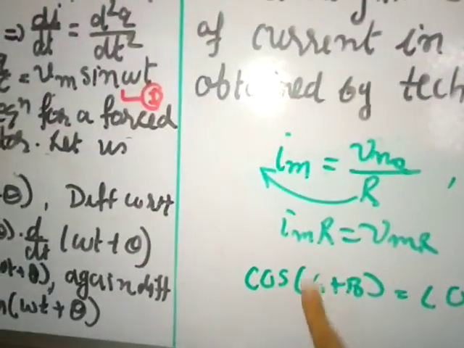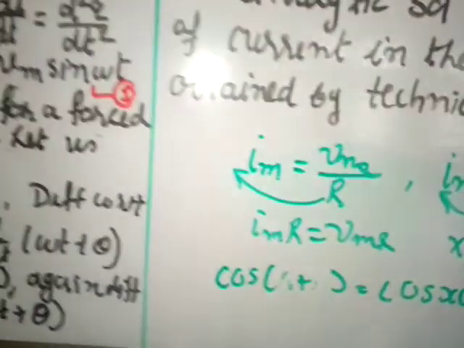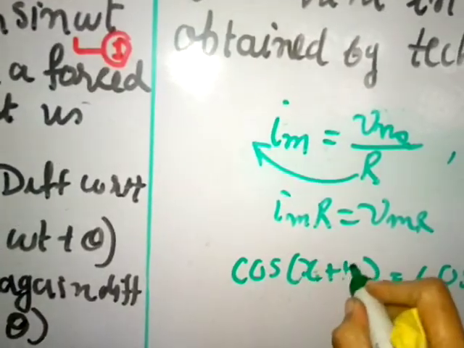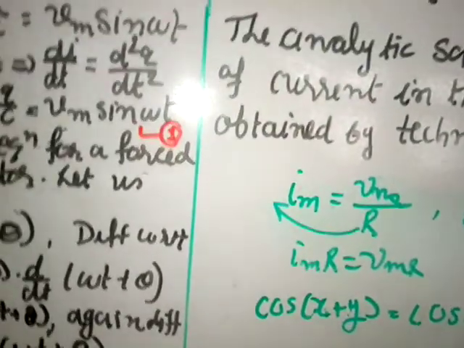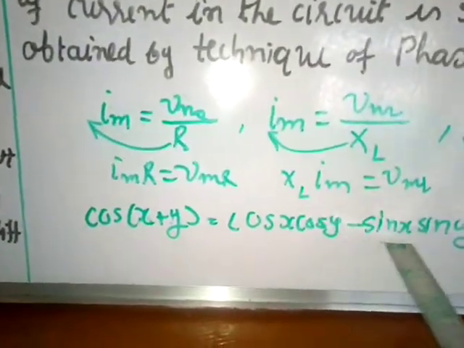So let us put x plus y here, because I have taken x plus y. If it is cos(x plus y), then we can write cos x cos y minus sin x sin y.